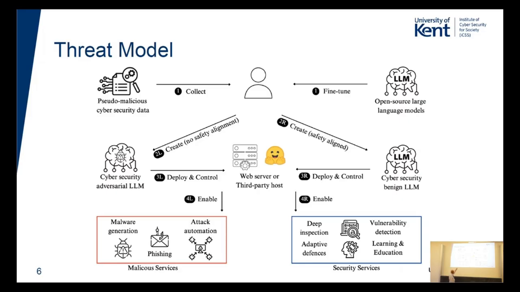So for example, on the left-hand side, for malicious purposes, they can use it for creating malware. Or they can create more convincing phishing. Or they can create automation for the attack, make it more scalable. On the other hand, the security-aligned or safety-aligned approach can create LLMs that will be useful for vulnerability detection, for example, or for education and learning. This forms security services.